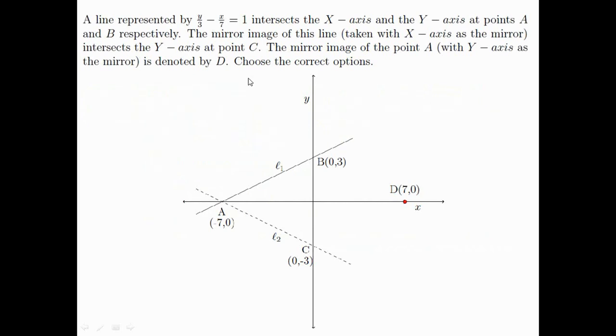A line represented by y by 3 minus x by 7 equals 1 intersects the x-axis and the y-axis at points A and B respectively.